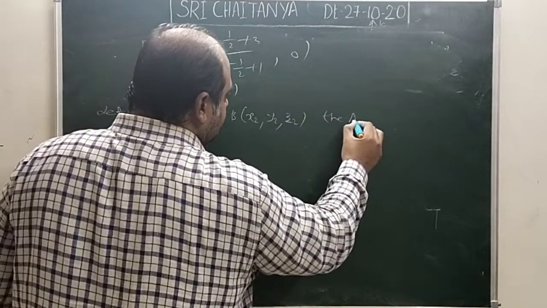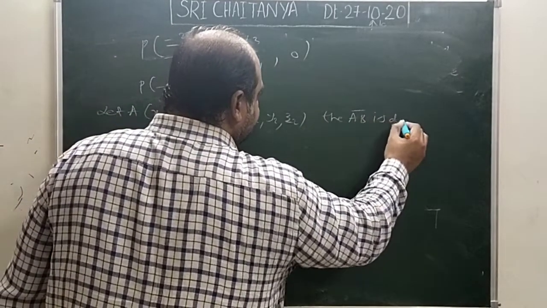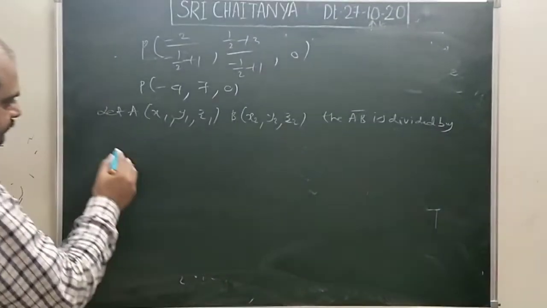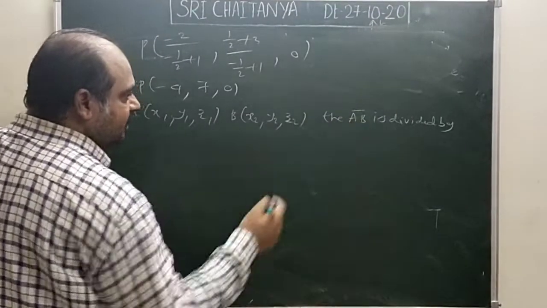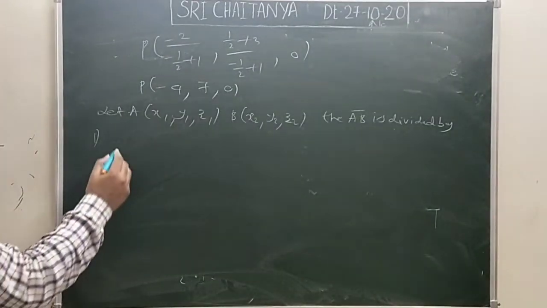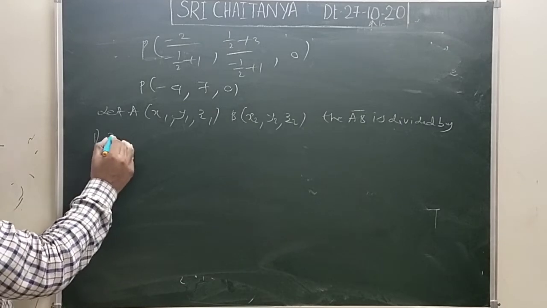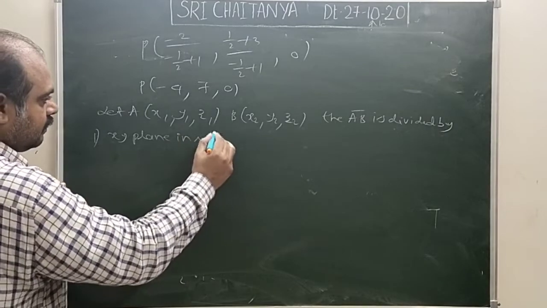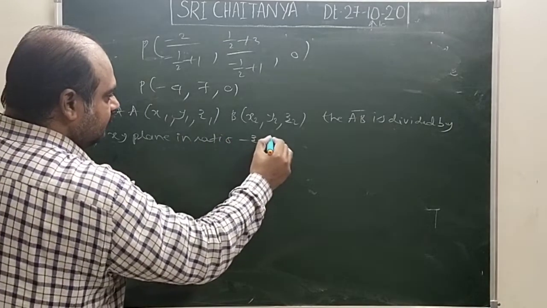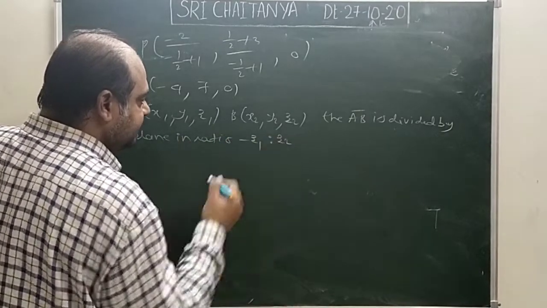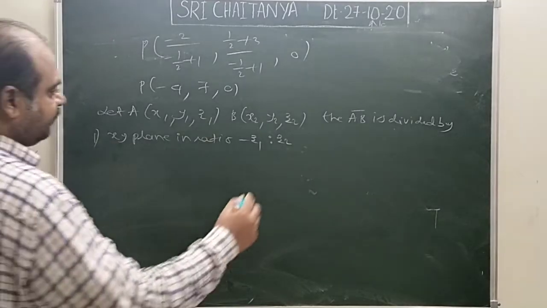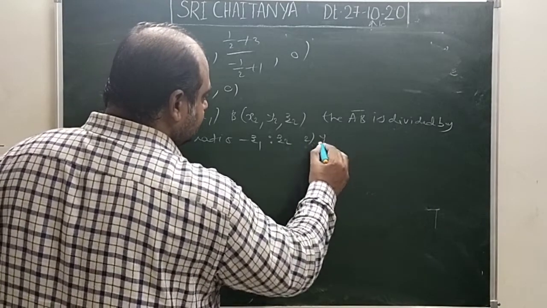Then the line segment AB is divided by the XY plane in the ratio minus z1 is to z2.